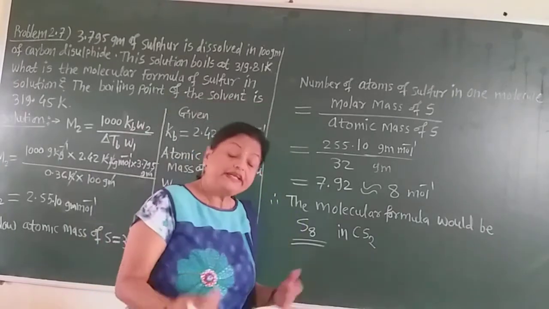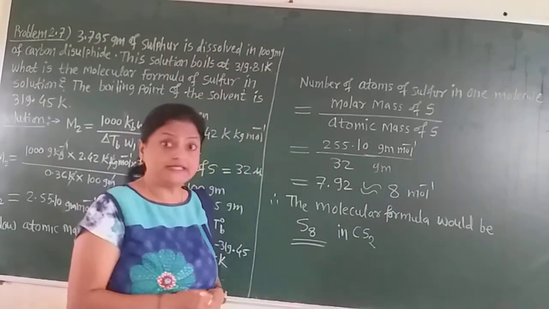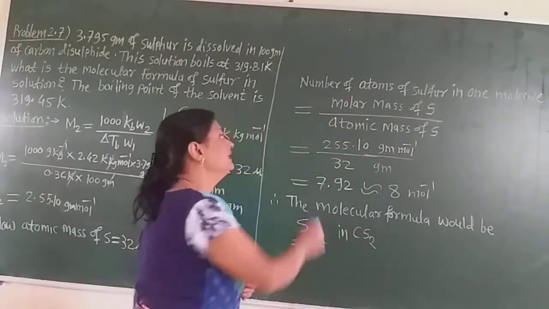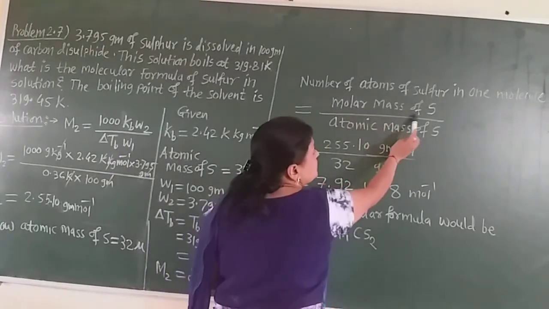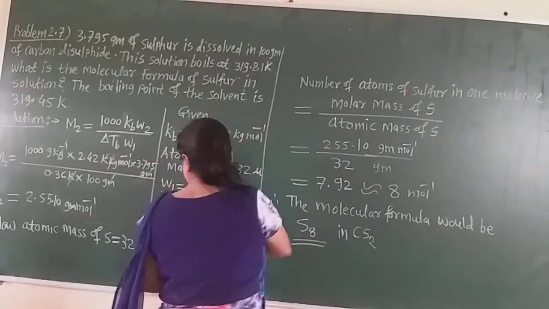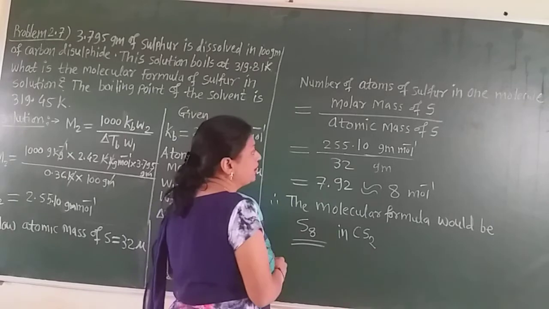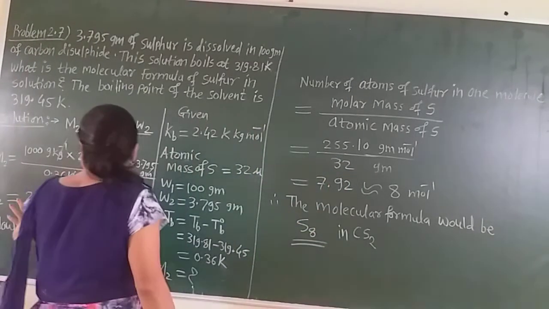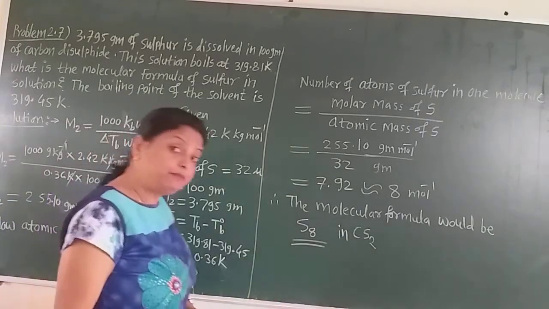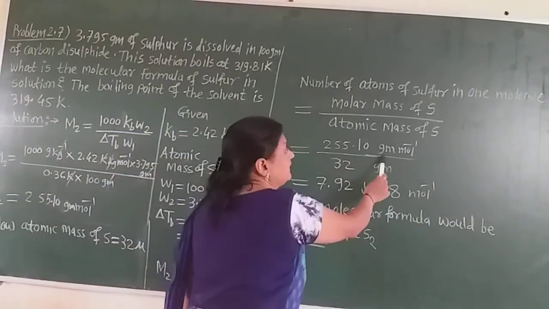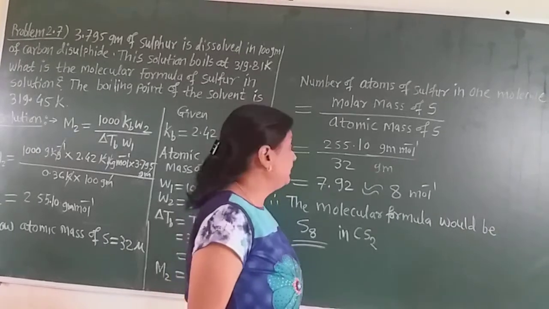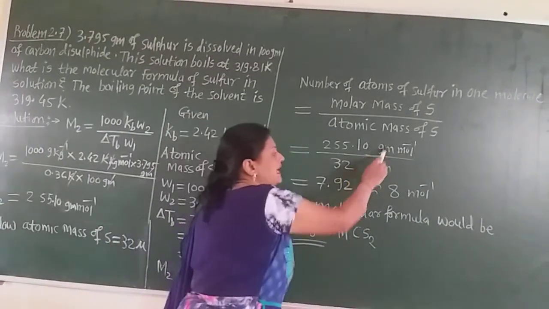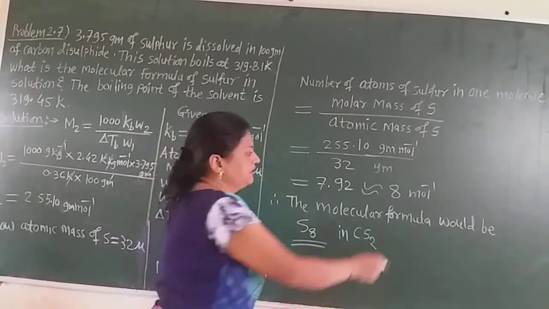So the number of atoms of sulfur in one molecule is equal to the molar mass of sulfur that we calculated here, 255.10 gram per mole, that is the molecular weight of the solute, divided by the atomic weight, that is 32. Now gram gets cancelled, what is remaining is per mole.